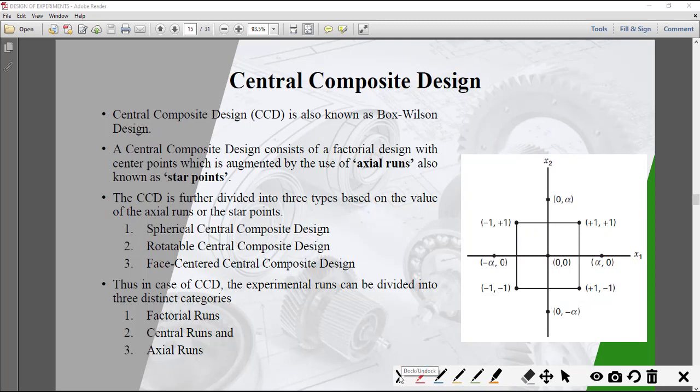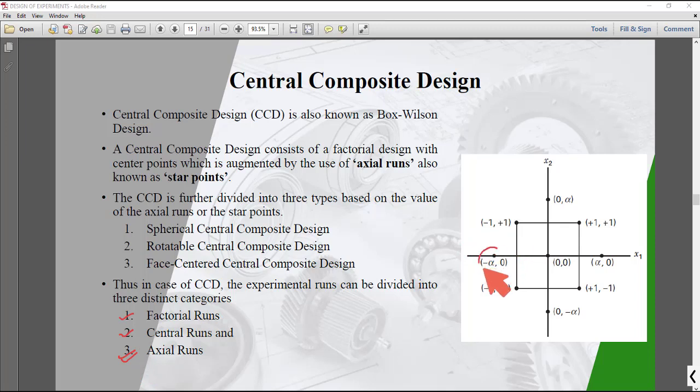So in central composite design, what do we do? In central composite design, we take the factorial runs and central runs like our previous example, but additionally we also take axial runs. I will explain how we get the value of these axial runs, but the value of these axial runs is different for these three different methods.